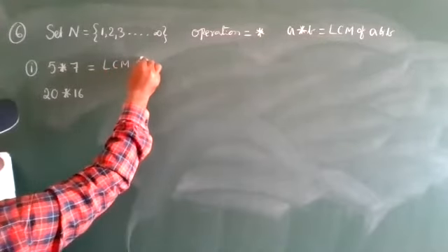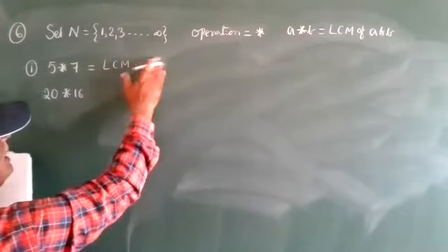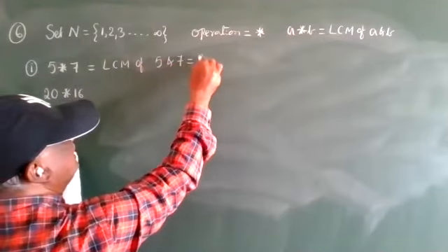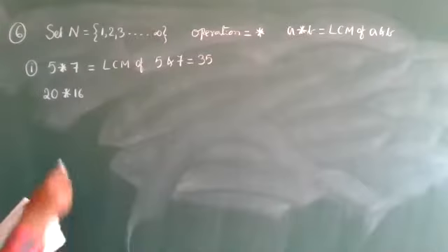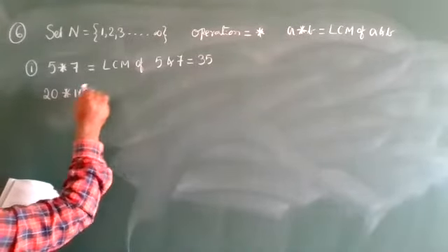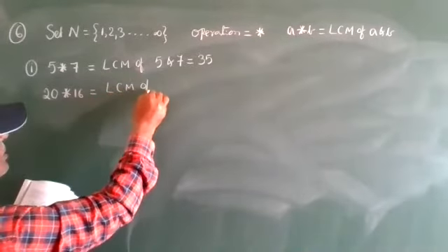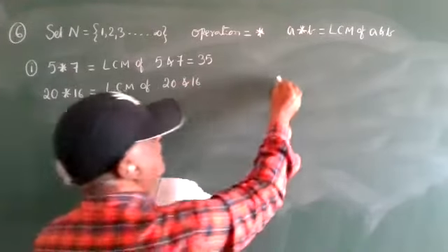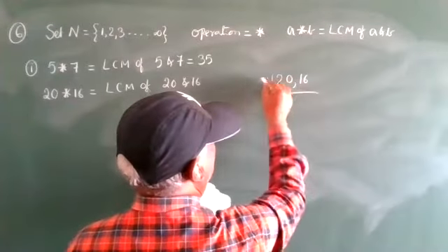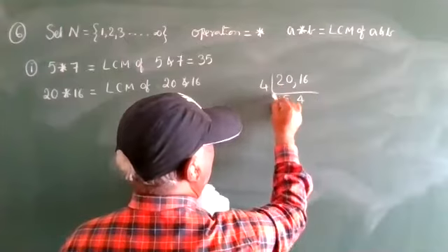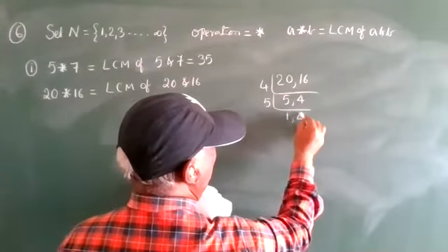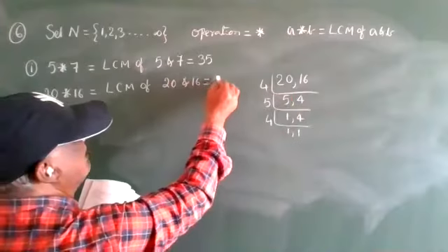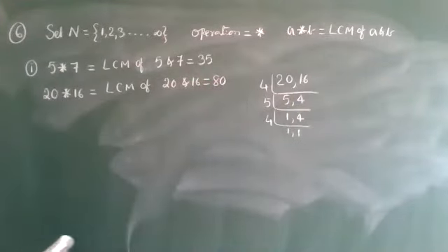The LCM of 5 and 7 is 35. For 20 and 16, cancelling the common 4 gives 5 and 4; multiplying gives 80. 80 is the LCM.